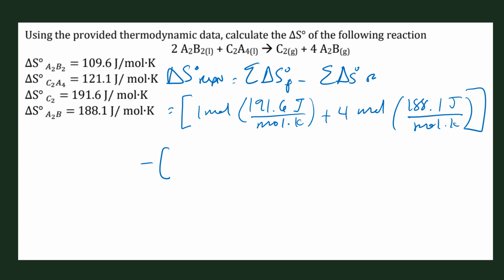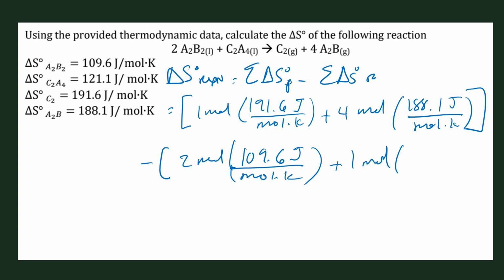So 2 moles times 109.6 joules per mole Kelvin plus the other reactant, 1 mole of C2A4, 121.1 joules per mole Kelvin.